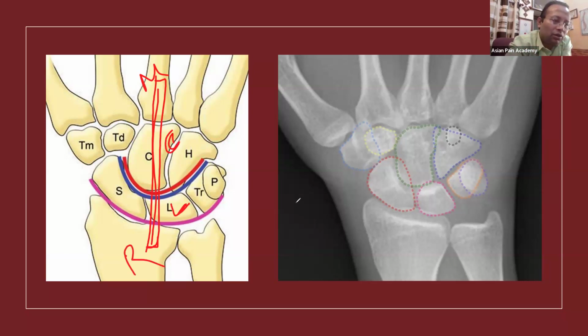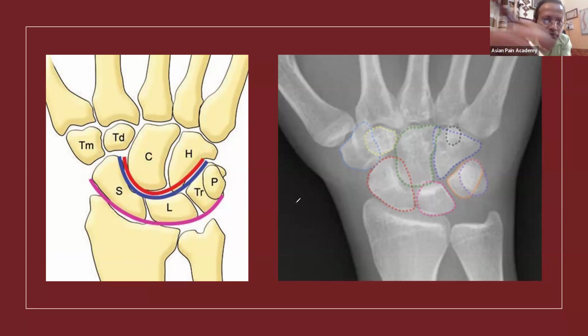So this part is also important. So before starting the ultrasound part, remember all the bones: proximal row, scaphoid, lunate, triquetrum, pisiform; distal row, trapezium, trapezoid, capitate, hamate. But still, they are not in the same line. They are forming like T, and above it is C, because capitate is a very big bone.